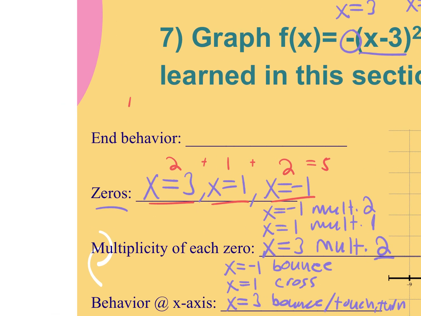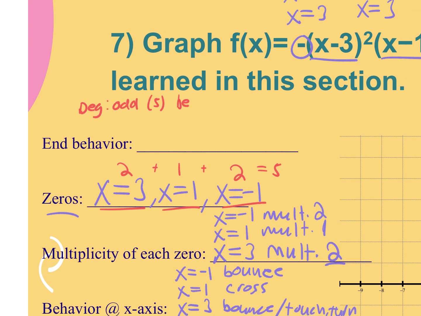So for my end behavior, my degree is odd. Our degree is 5, which is an odd number, and that's because there are 5 zeros, including their multiplicities.